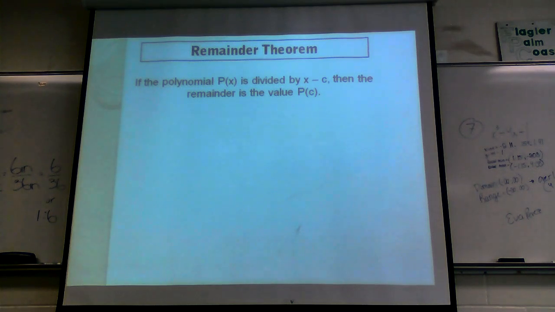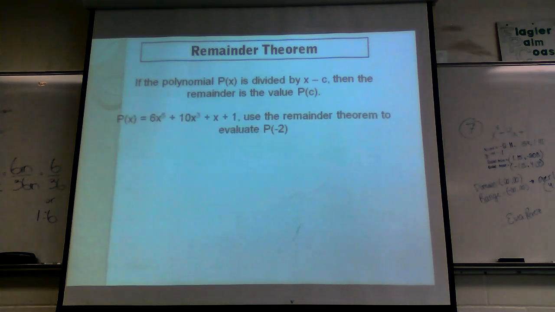Basically what it's saying is that if you take a polynomial and divide it by x minus c, where you're evaluating at a term c, which could be 2, could be 3, could be whatever, and you divide using synthetic division, whatever that remainder is, is the value of the function at that point. Such as, if I said, here's my polynomial, I want you to use the remainder theorem to evaluate that.